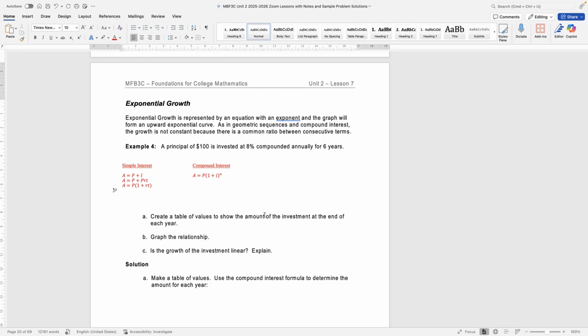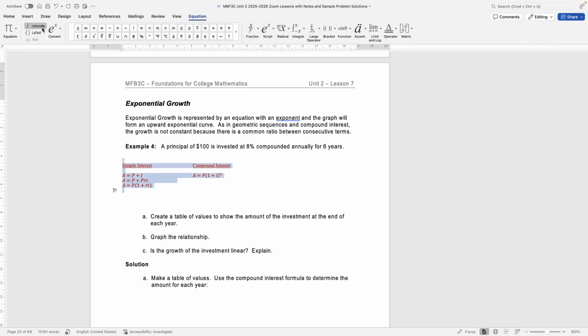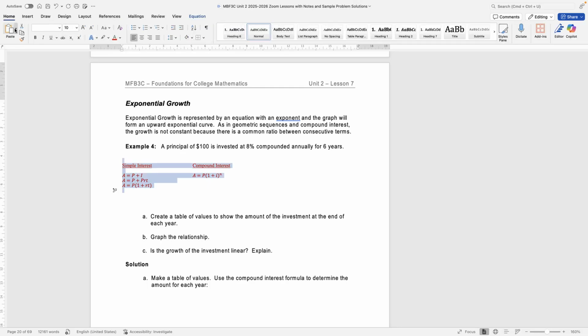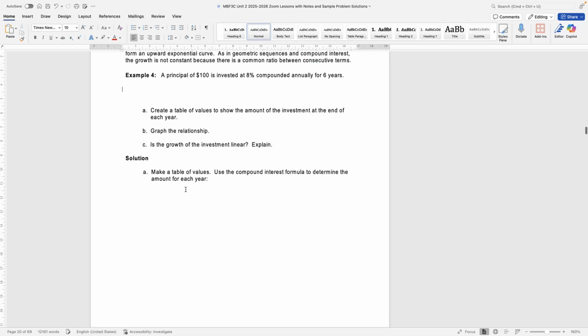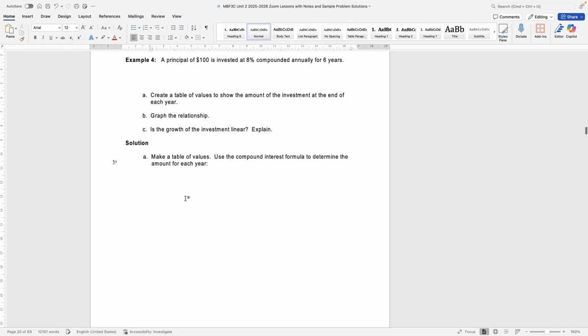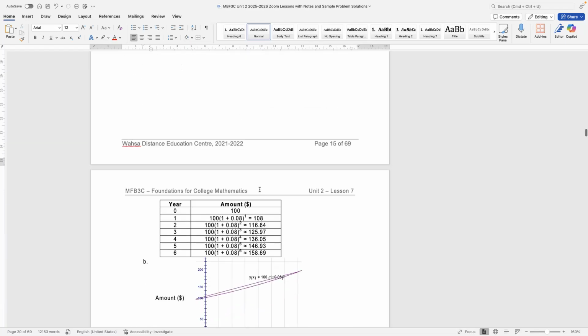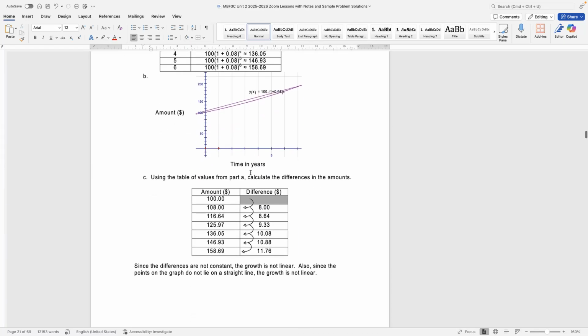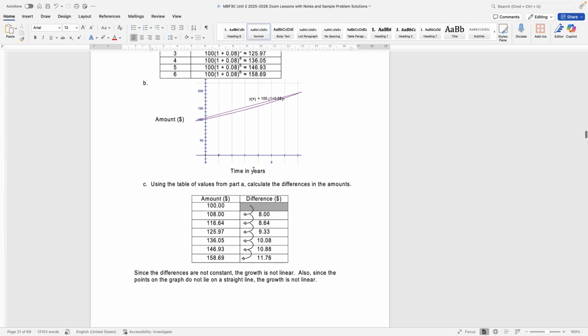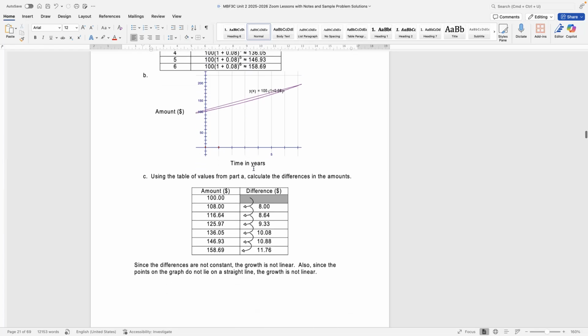So what I can do now is I'm going to do an example. What I want to do is show you the graphs, but this doesn't do a very good job of illustrating what the graphs actually look like.